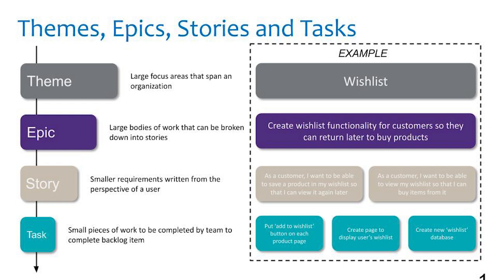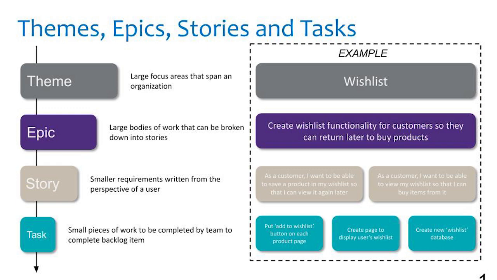So an example of a theme is a very large piece of work that spans across an entire organization. This might be a completely new product on the market versus an epic, which is a large body of work that can be broken down into smaller pieces. So this is functionality of that product.